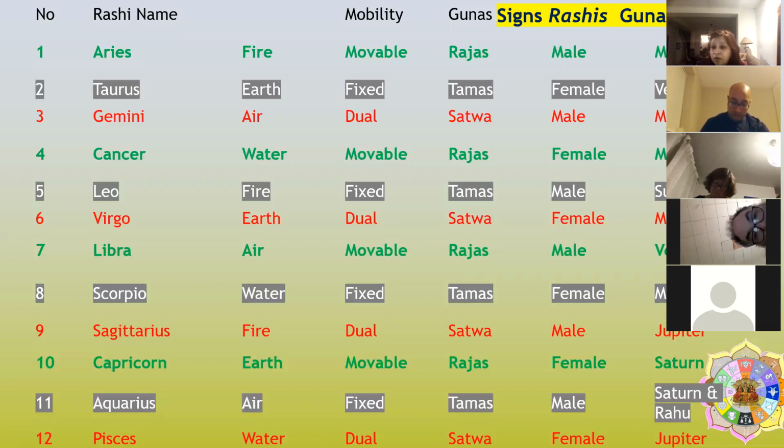And remember, wherever the sun exalts, because it is a sattva planet, that is a very important association, and that is one of the big reasons why Aries is a royal sign. And the other reason, of course, is because it's the first initiating energy, so that is combined with that.